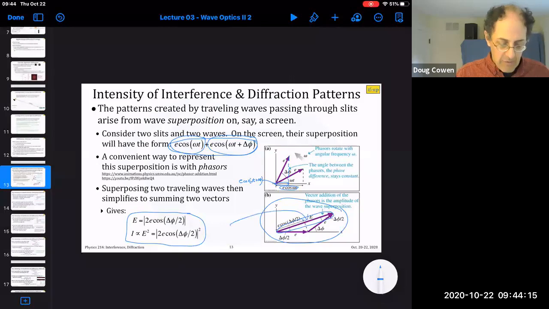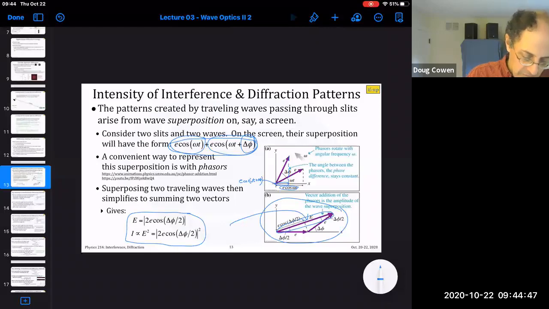And that has an amplitude of 2E, where E is the amplitude of the original two waves, the two constituent phasors, times cosine of delta phi over 2, where delta phi is the phase difference from one phasor to the other. So that's this delta phi. And then the intensity is the square of the amplitude. So we just square that quantity in order to get the intensity.